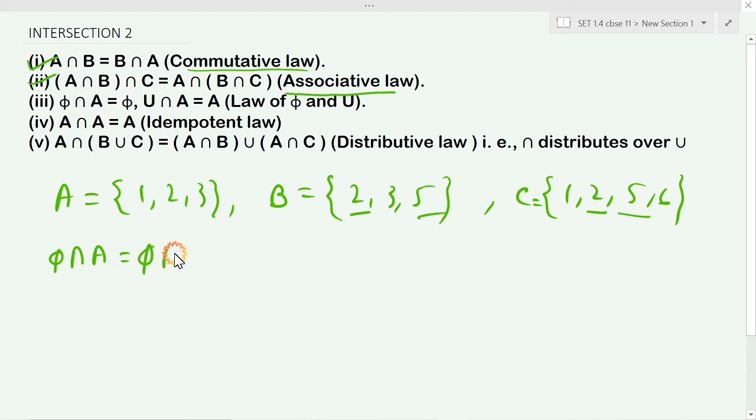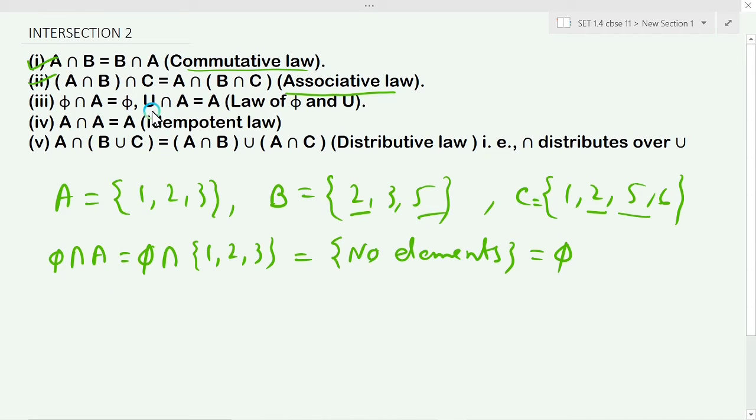So we write phi intersection 1, 2, 3, but there is no common element between phi and the set A, because phi contains no element. So phi intersection A contains no elements, which is phi. So we get phi intersection A equals phi.